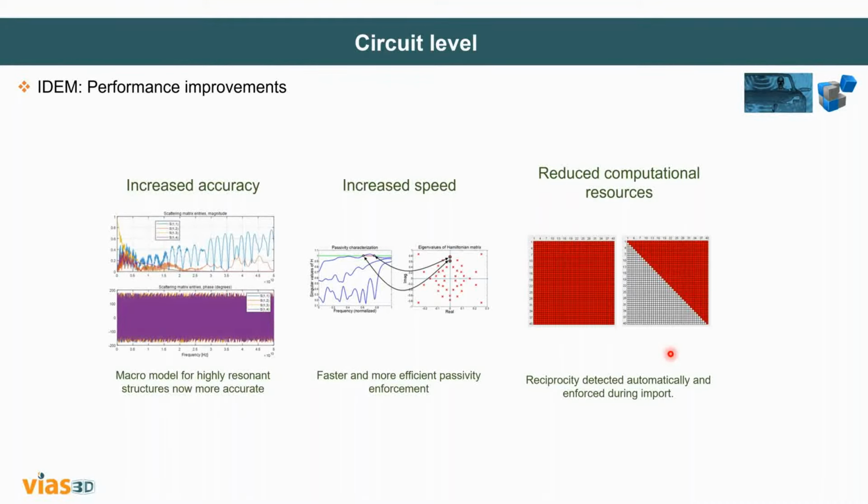This new functionality enables the automatic detection of reciprocal data sets at importing stage. The reciprocity is enforced and only the diagonal and upper triangular part of the transfer matrix are stored. So less computational resources, as I said, both from memory and time perspective.